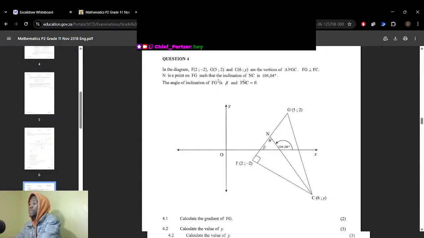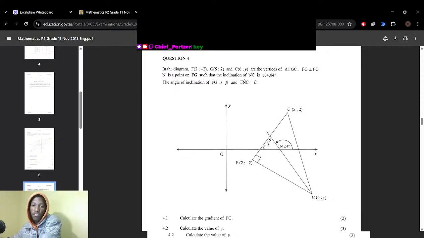On the previous videos, I've explained how you can calculate the gradient of a straight line. There are two ways to calculate the gradient of a straight line. You can calculate using the angle of inclination with respect to the x-axis, such as, for example, 104.04, which is the angle of inclination of the line NC.